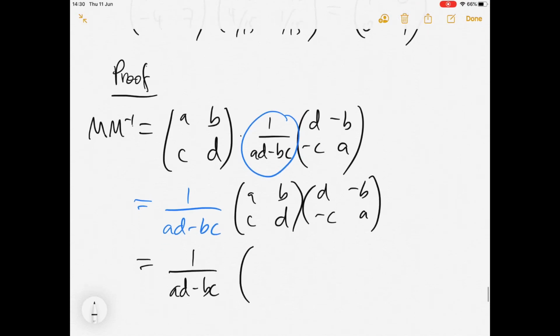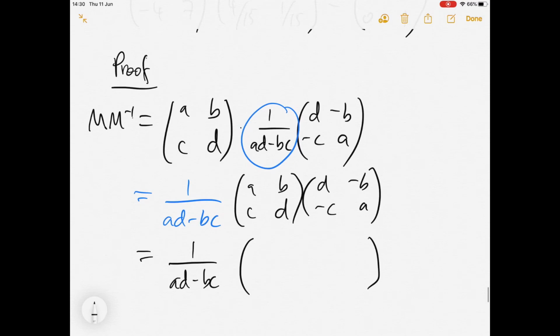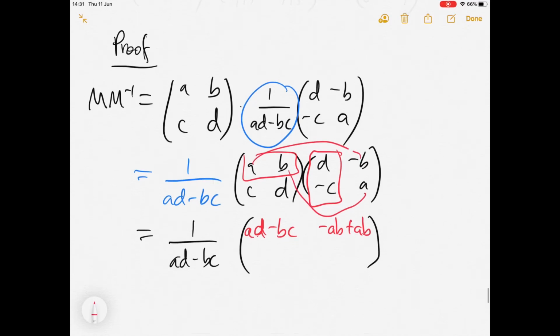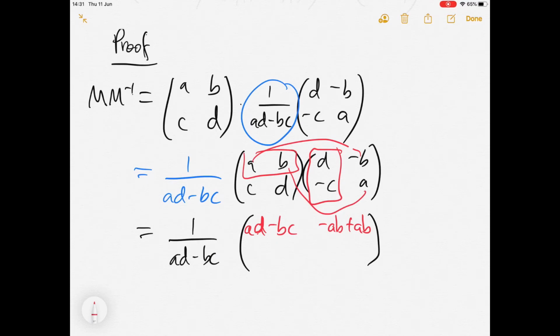The answer is going to be a 2 by 2 matrix. In the top left entry, first row, first column, I have AD minus BC. First row, second column, I have minus AB plus AB, from this times this, and then this B times this A. Second row, first column, I have CD minus DC.